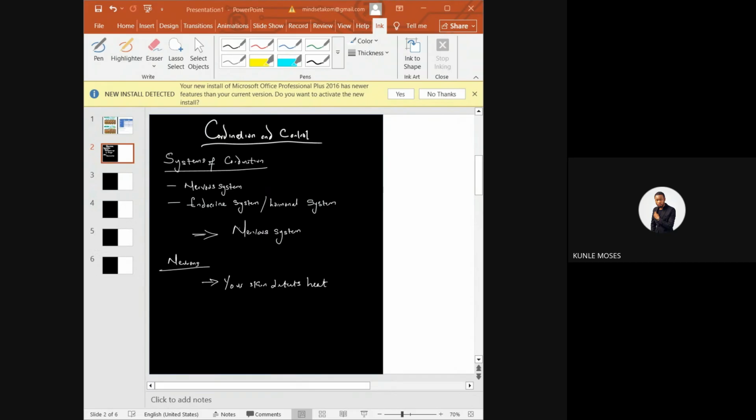What does this mean? It means that it helps the body to detect changes, to process information, and to respond accordingly.